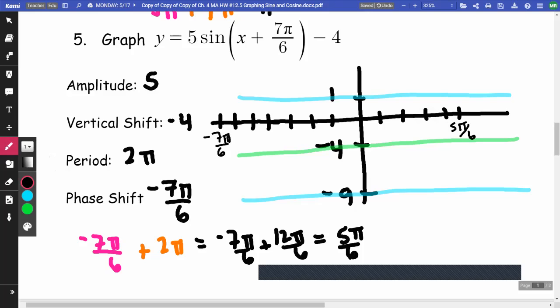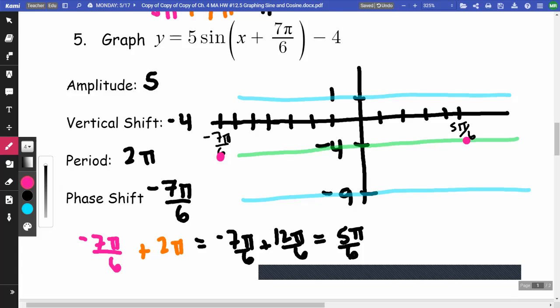Okay. And I am doing a sine graph, which is going to go 0 to 0. So I'm going to start here. Maybe I'll make that a little smaller so it doesn't cover up my 6. I'm going to start here and here.